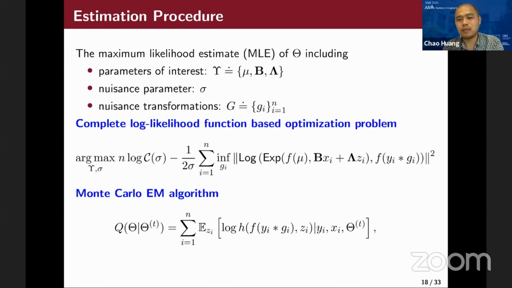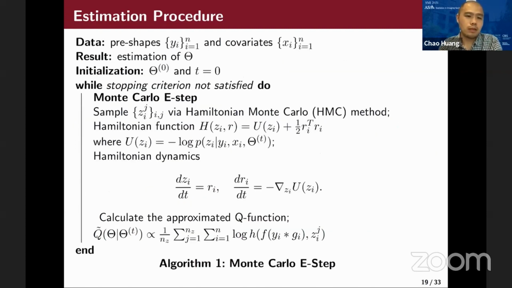Since we have this latent vector, which is a missing data problem, we can use the EM algorithm here. If we dig into the detail, when we calculate these Q functions in the E step, it's not easy to calculate the expectation of Z_i given Y_i and X_i. So in that case, we use the Monte Carlo EM algorithm to approximate this Q function.